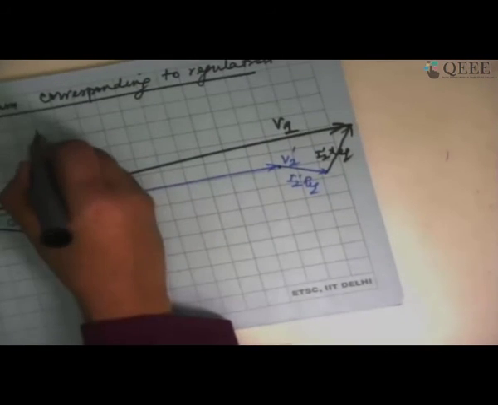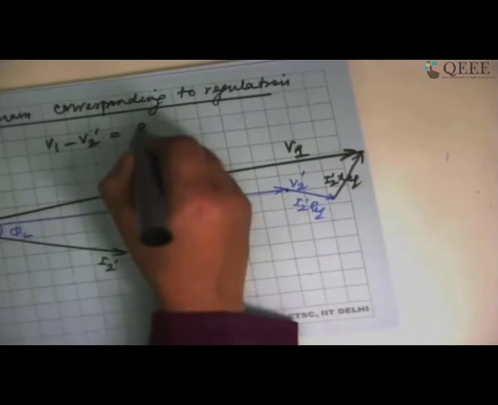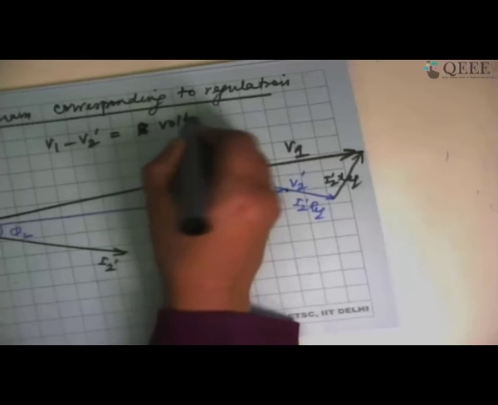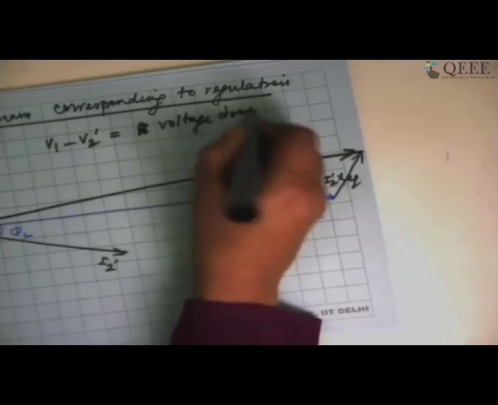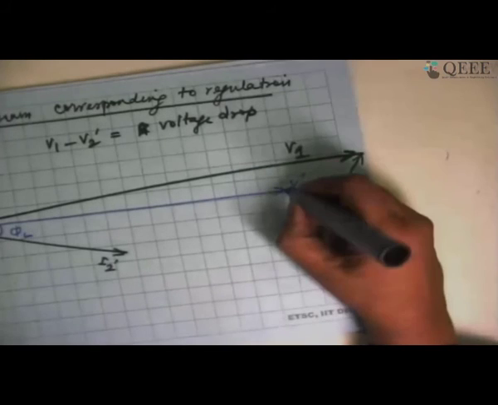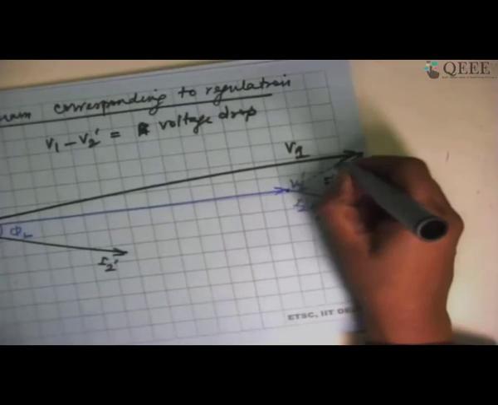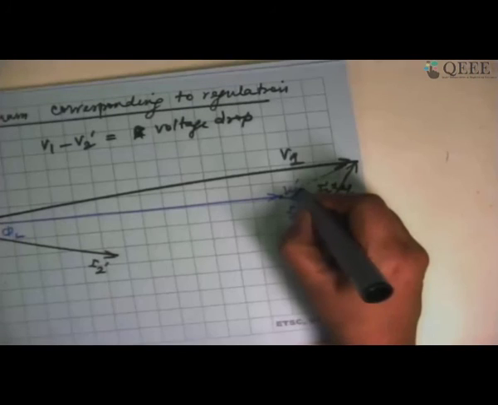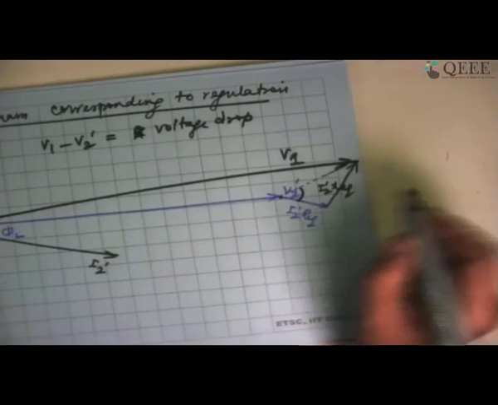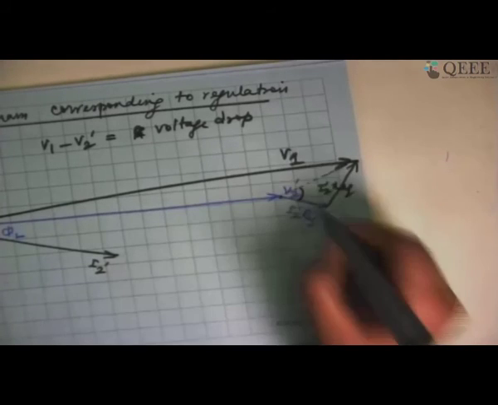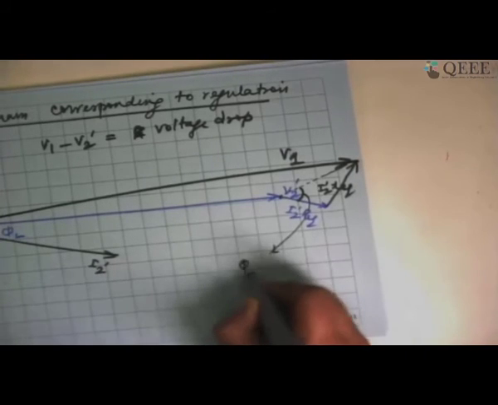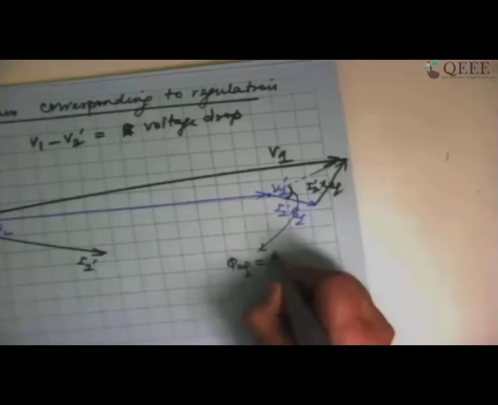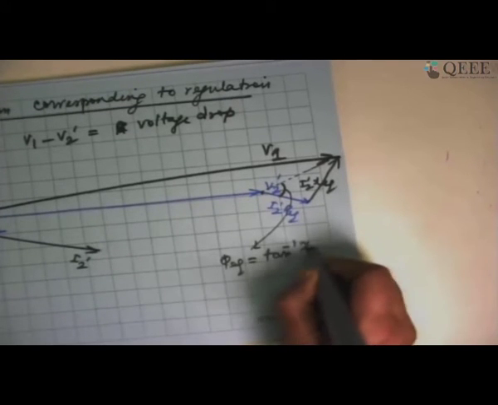Now, V1 minus V2 dash is regulation or voltage drop. Let me try to finish this I2 dash Z equivalent. The dotted line is I2 dash Z equivalent. If I look at what angle this is, this angle I can call phi equivalent. Phi equivalent is tan inverse of X equivalent divided by R equivalent.